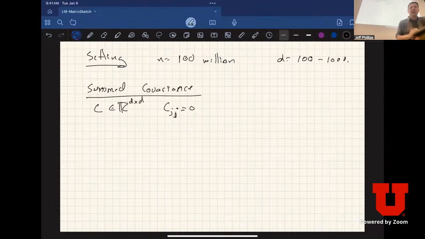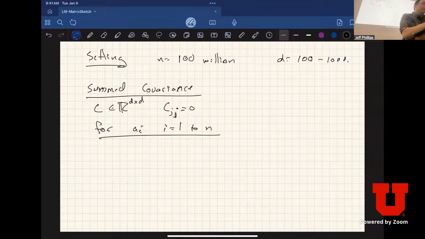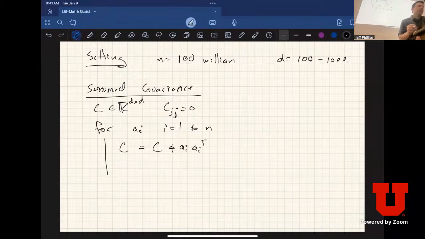So we're going to set this as all zeros, and then for a_i, for i equals 1 to n, we're going to stream over these values. And what we're going to do is set C equal to the old value of C plus a_i a_i transpose.